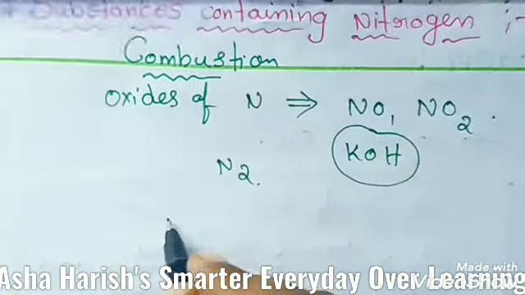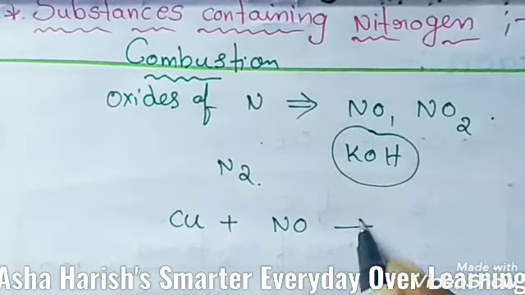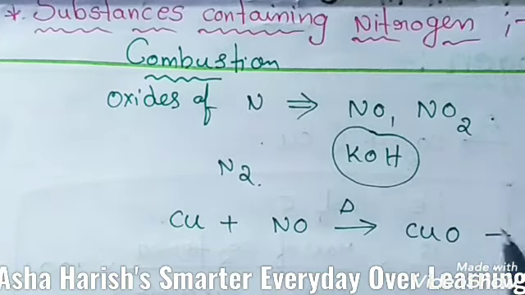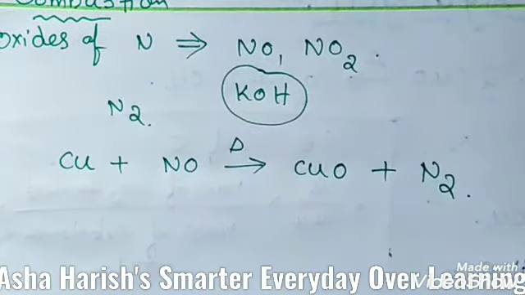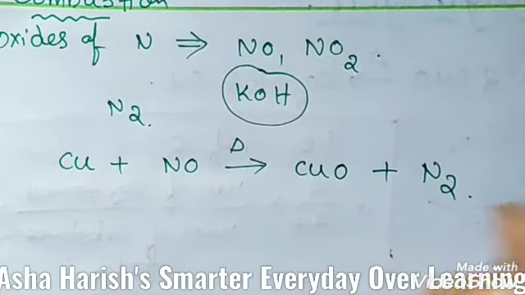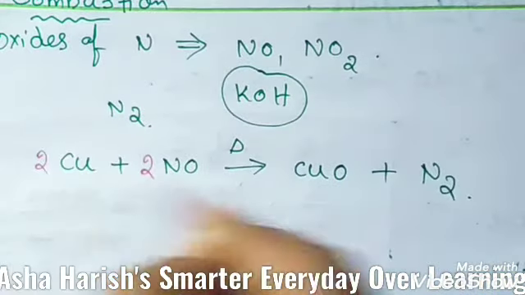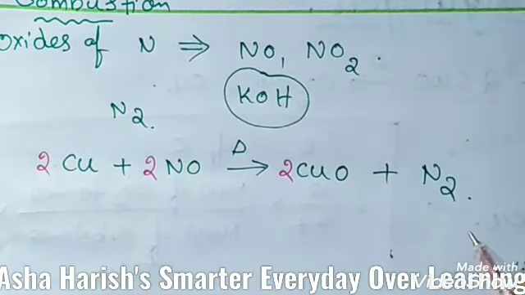Suppose Cu plus NO, on applying some heat, gives CuO and N2. This is the net equation. To balance it, N2 is there, so place 2 before NO and 2 before CuO.